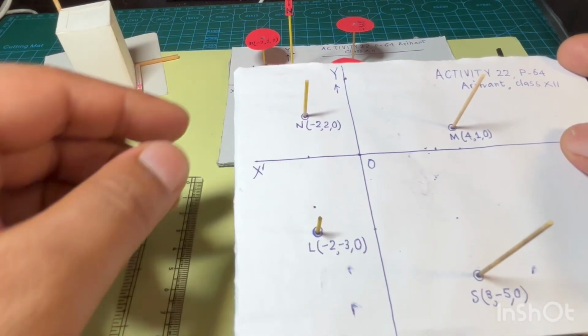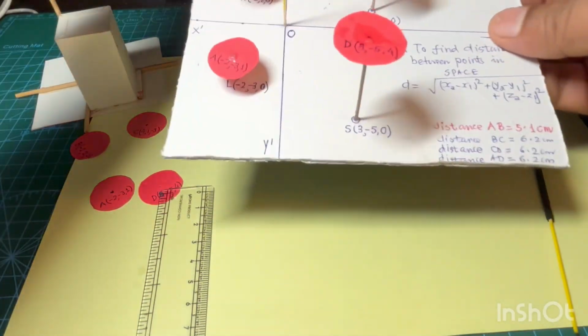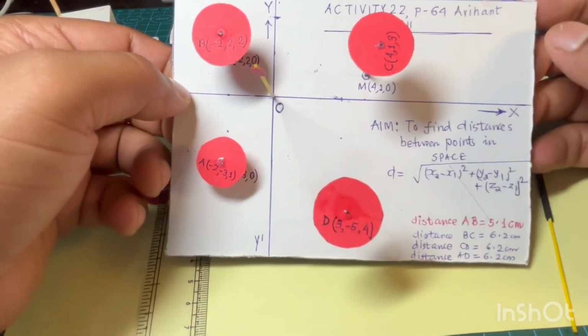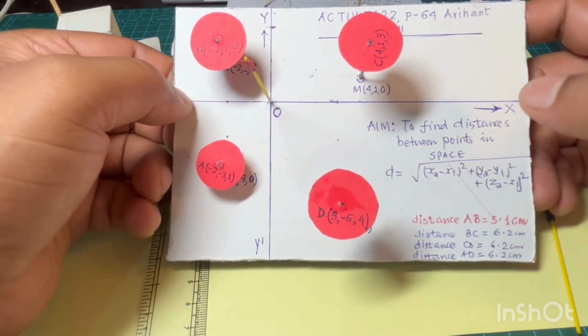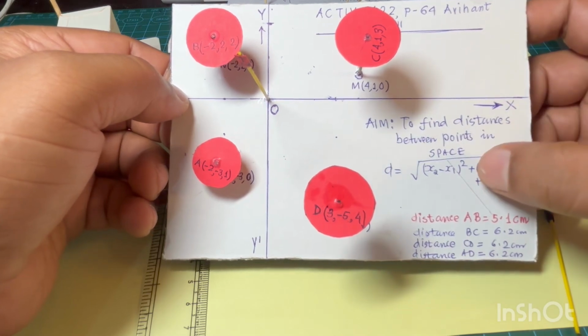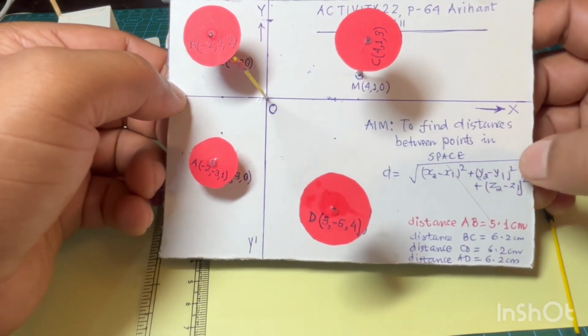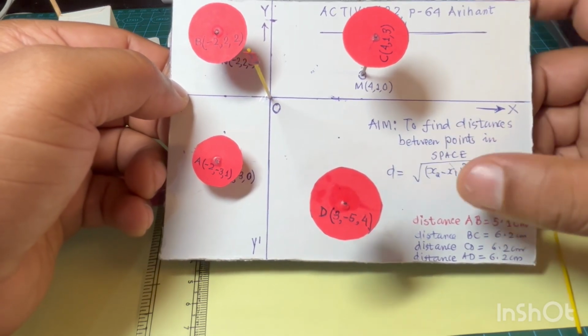Okay, now let us use the distance formula to get the distance between these 2 points. The distance formula says the distance between 2 points in space is the square root of x2 minus x1 whole square plus y2 minus y1 whole square plus z2 minus z1 whole square.